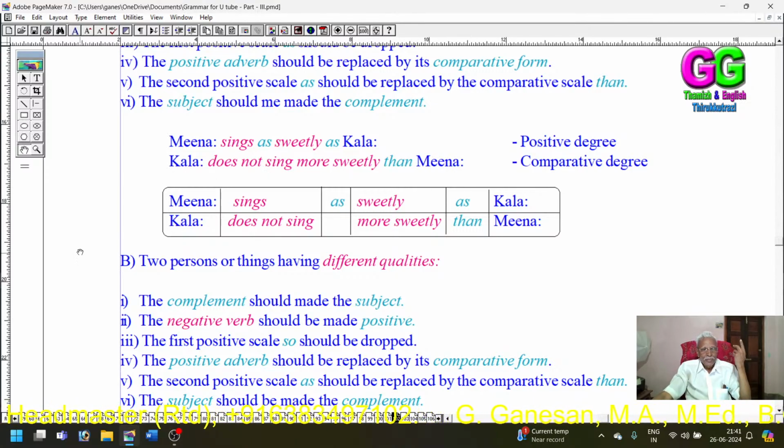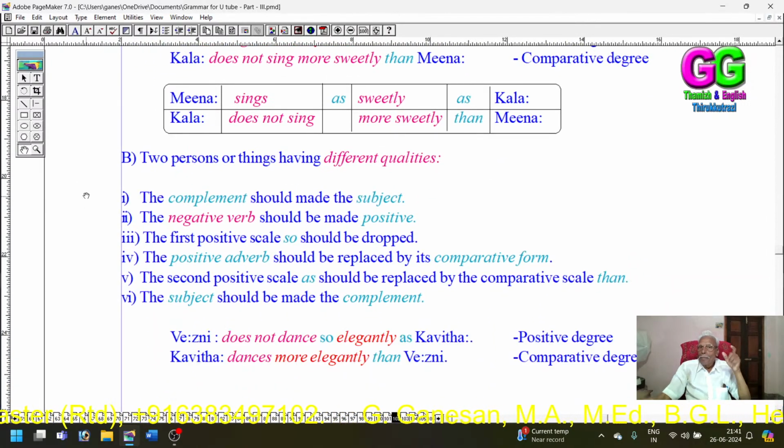So, okay. Then, comparing two things or persons with different qualities, that is, changing from positive into comparative.